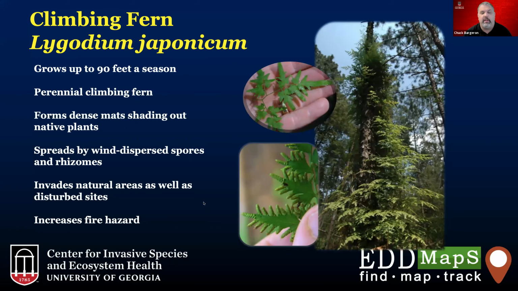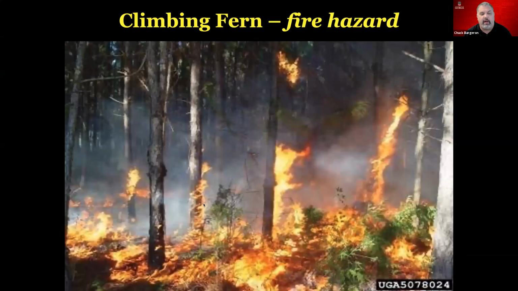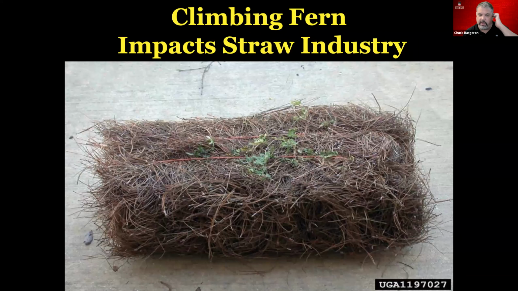Climbing fern, there are a couple of different ones of these, but climbing fern climbs up. It has a very distinct fern-like appearance. It can be very problematic as a fire hazard, because fire gets on it and very easily climbs up the trees.